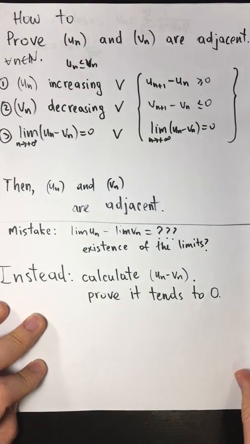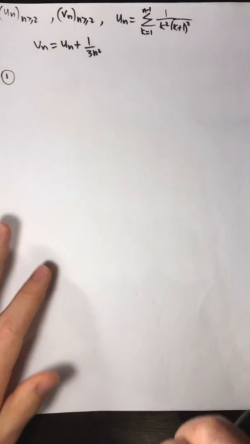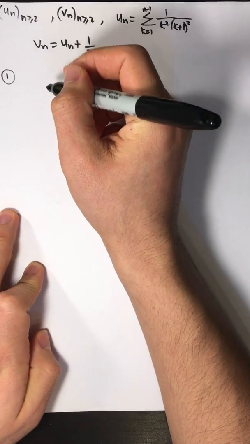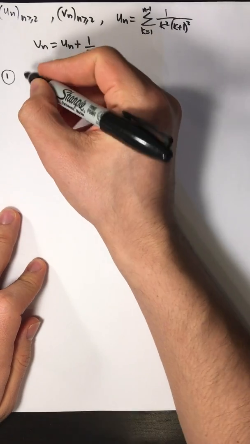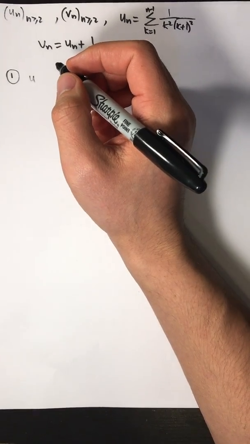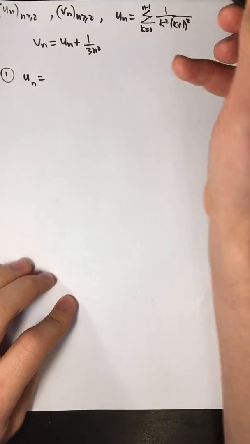Okay, so let's start. So we have Un equal to this one and Vn is this. What's the first goal? First step is we need to check Un plus 1 minus Un, right? In order to check it, I need to write first. Okay, Un. What is Un?